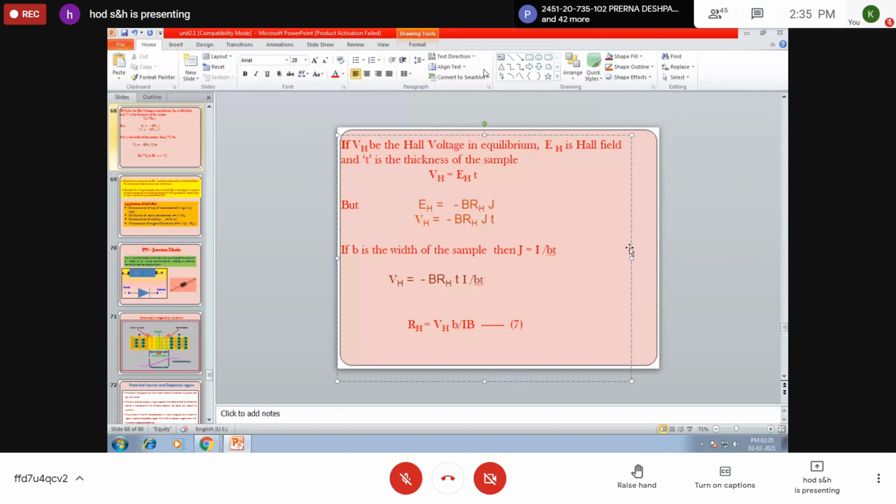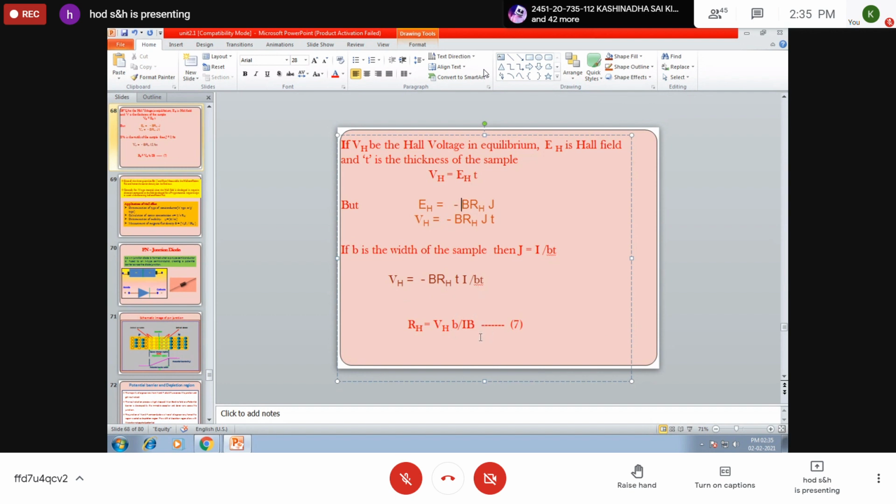If b is the width of the sample, then the current density J is equal to I by bt. Therefore, VH is equal to minus B RH, and J can be replaced with I by bt, and t is there. So this t gets cancelled. So RH is equal to VH b by IB in magnitude.